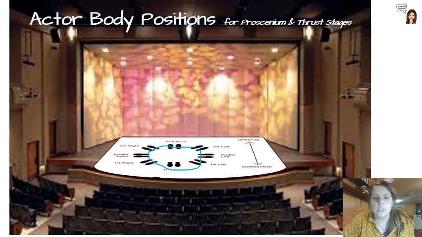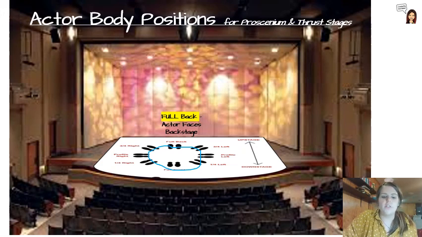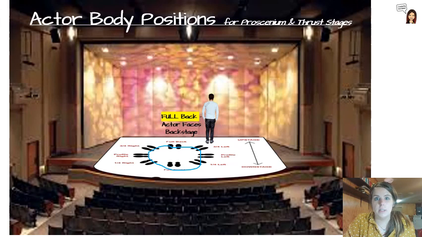Our bullet points are a little out of order, so I apologize. We're going to start with full back, okay? The full back position is where the actor is facing backstage, so their back is to the audience. This is something in theater that we say no to unless it calls for it in the scene.